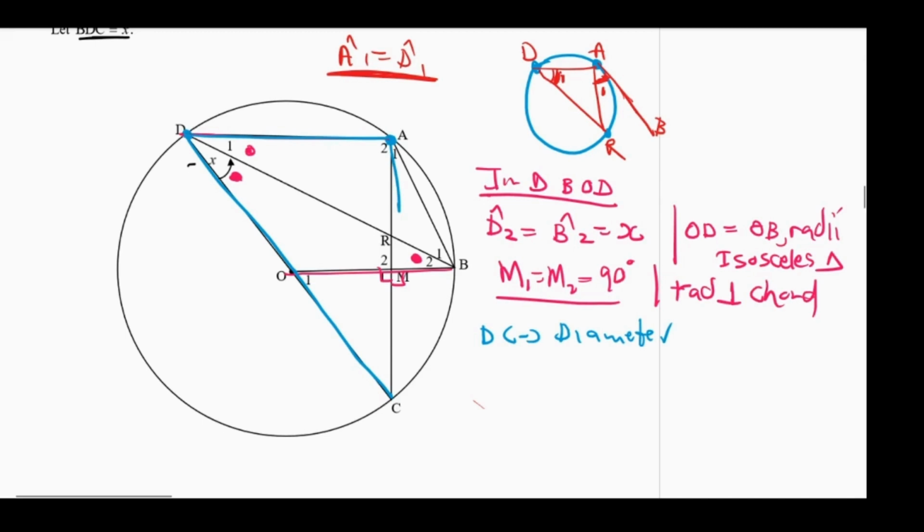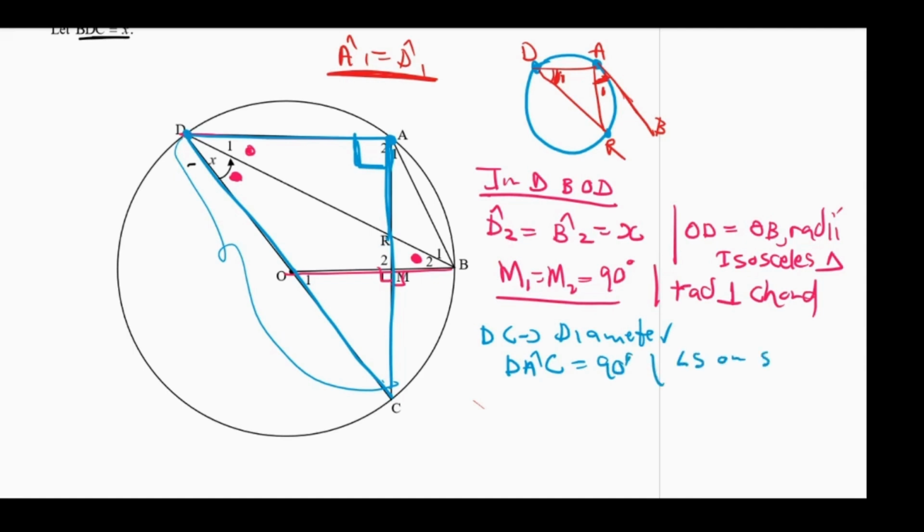If you remember clearly, when you have a shape like this and this is a diameter, then here it's going to be 90 degrees. Angles in a semicircle. So angle DAC is equal to 90 degrees.